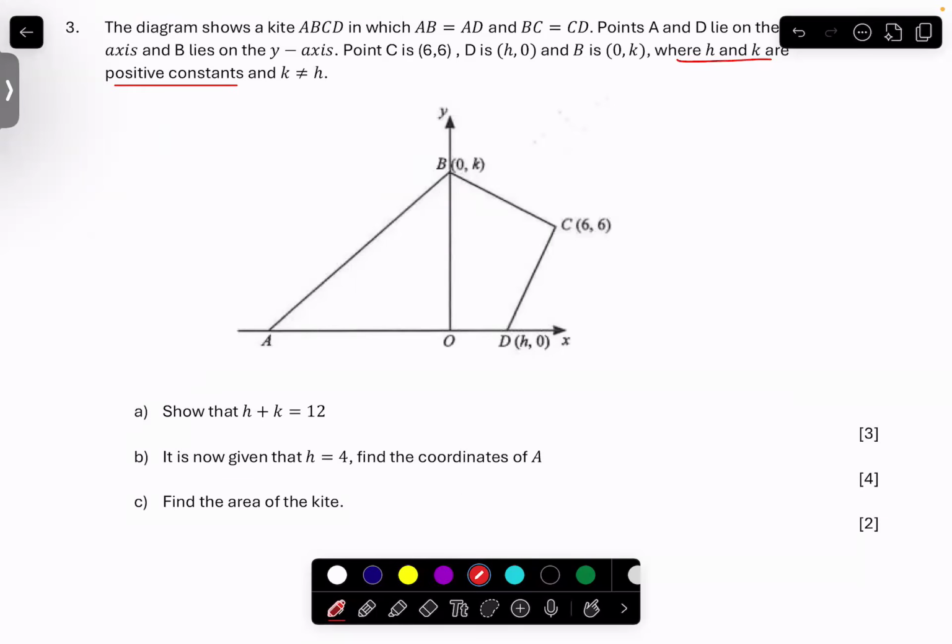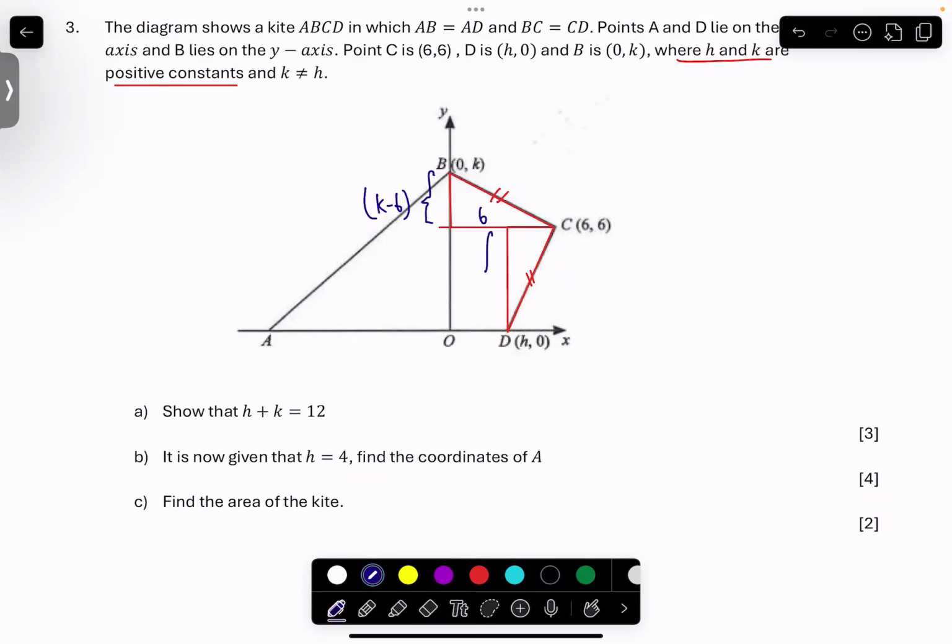So what I'm going to do is cut a line across over here. We know that BC is equal to CD, so here I can form two triangles. What is important to note is that this part has to be k minus 6, and this part is 6.